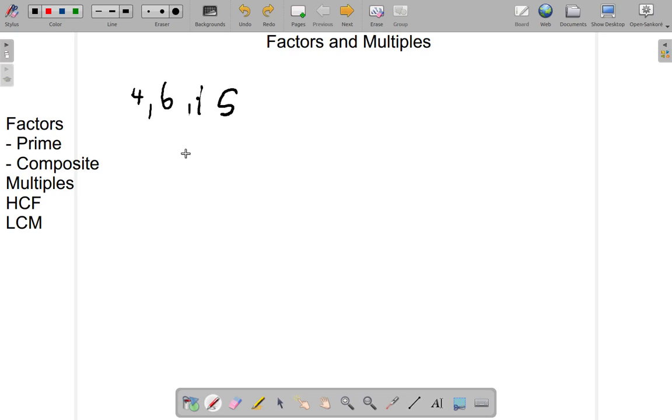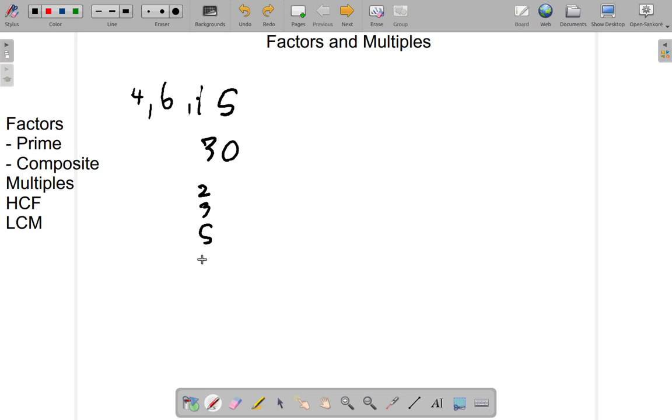Now, let's look back at our 30. What are the composite factors of 30? We know that factors of 30 include 2, 3, which other number can go into 30? 5.